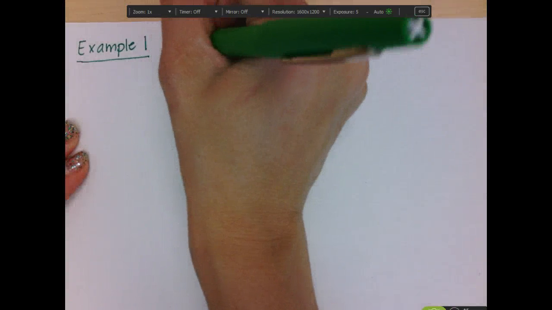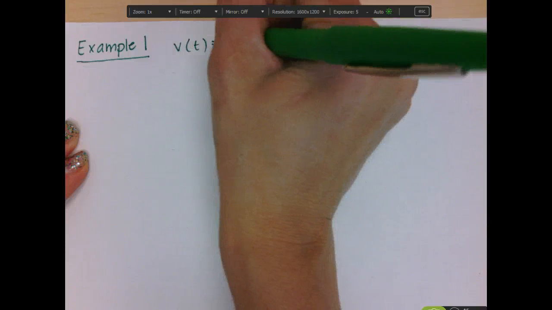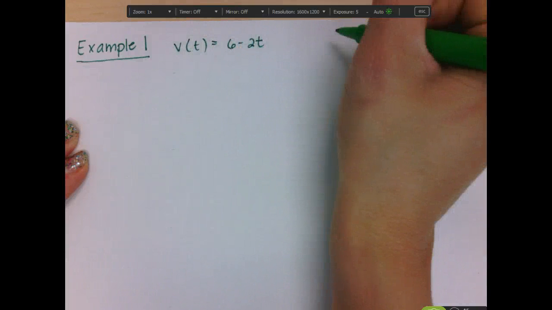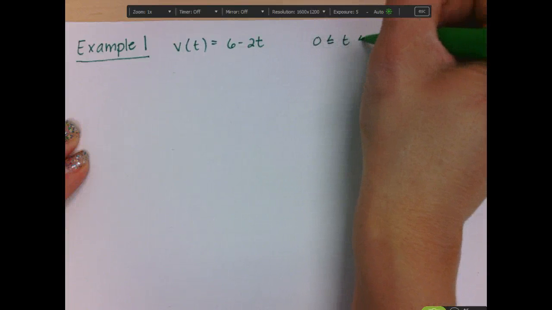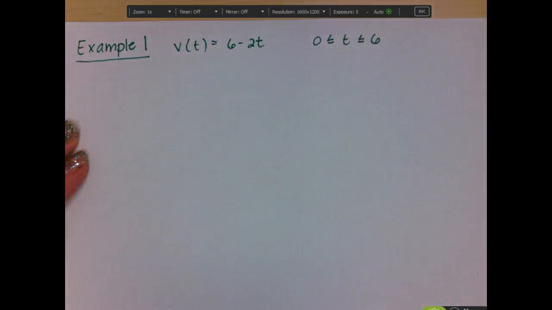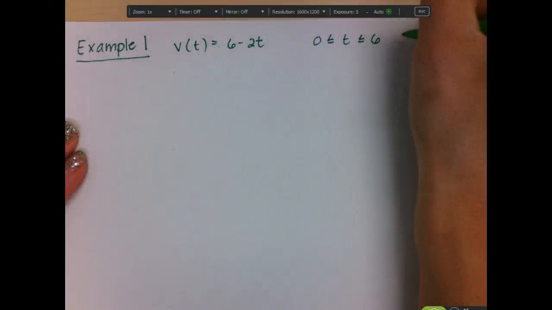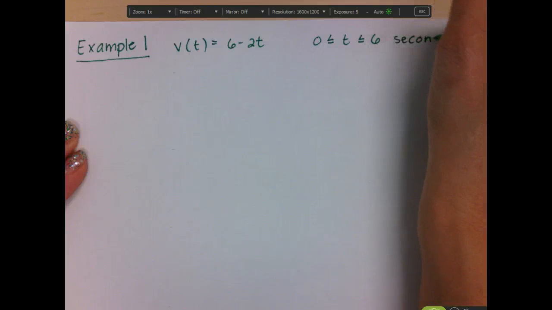So the first example here, we're going to be given a velocity function, 6 minus 2t, and we're going to be given a time interval where t is between 0 and 6 seconds inclusive. We'll define that specifically as seconds.